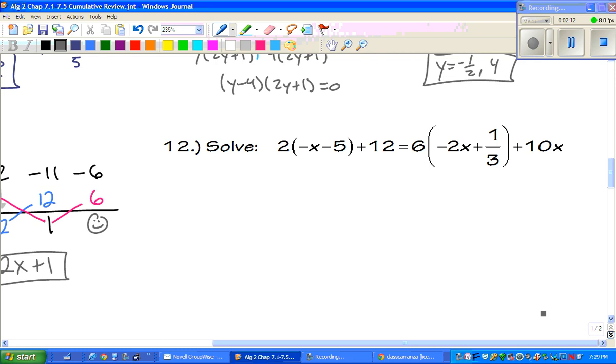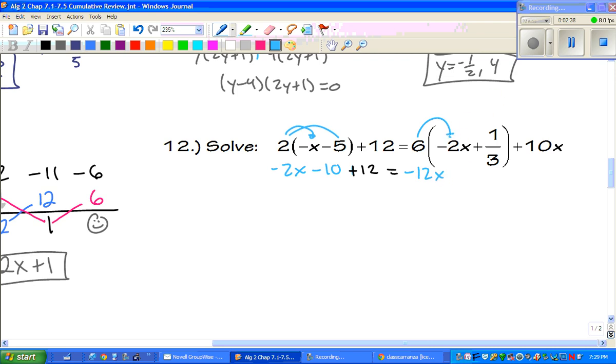All right, number 12. Whenever we see numbers outside of parentheses, we know that we need to distribute. So when you multiply that, you get 2x minus 10, and the plus 12 stays, and that equals, oh, well, what do you know? We got to distribute again.